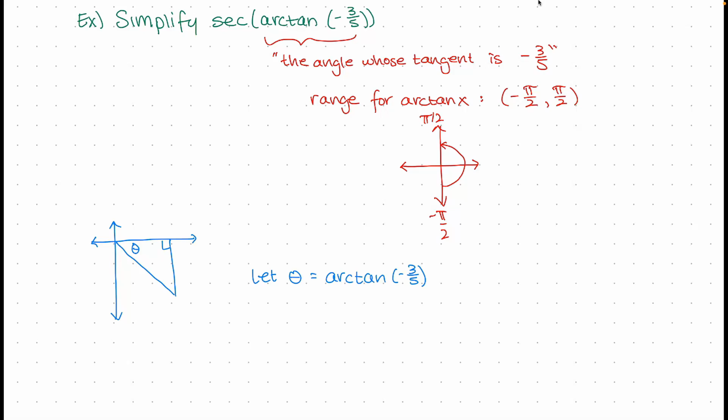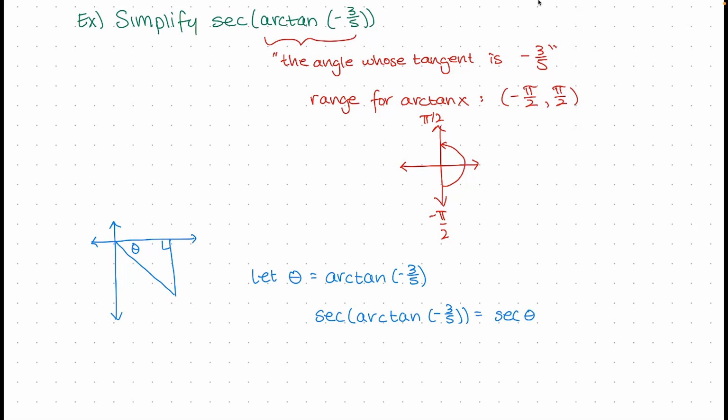So now that we got that, I can rewrite this problem. My original problem was the secant of arctan of negative 3/5. But just above, I have stated that theta will be arctan of negative 3/5. So this is really just whatever the secant of theta is.